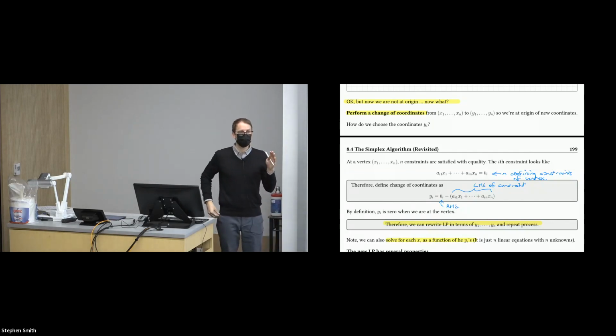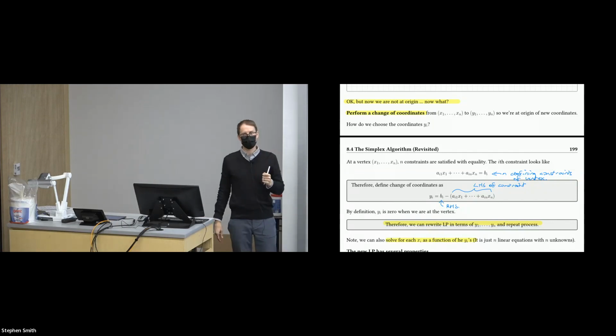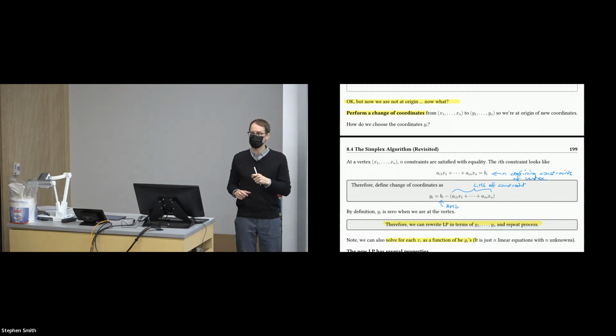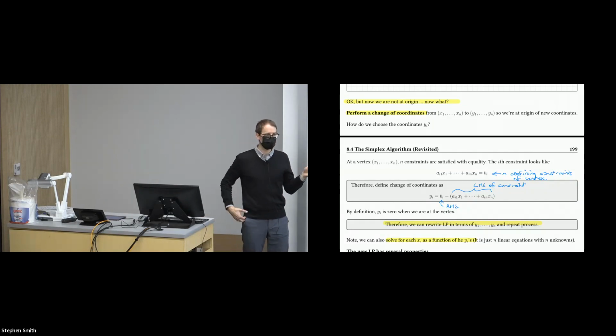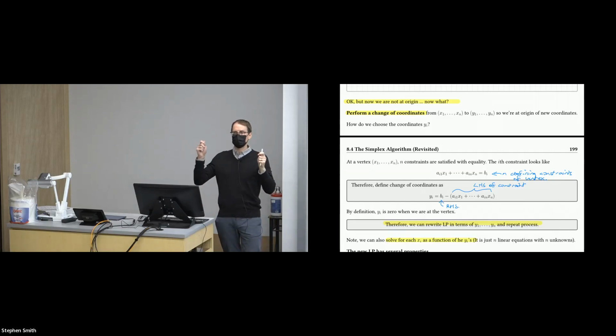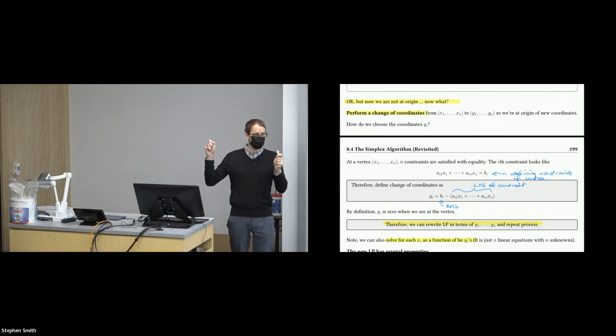And we were talking about how we do this. Well, we talked about what's a vertex, what's a neighbor, and how do we make a move to a neighbor? A vertex was a point that satisfied n constraints with equality and satisfied all the other constraints with inequality. A neighbor is another vertex that shares n-1 constraints in common.